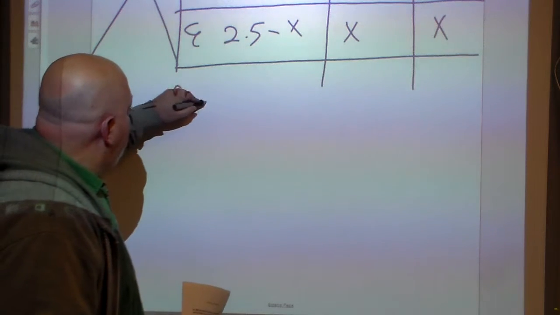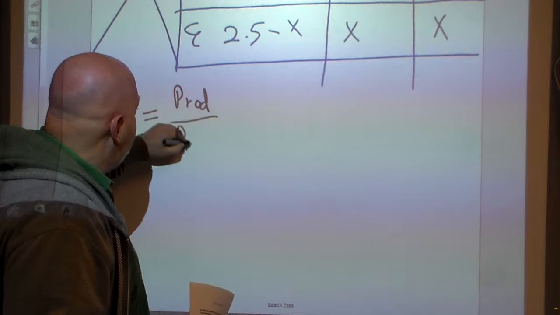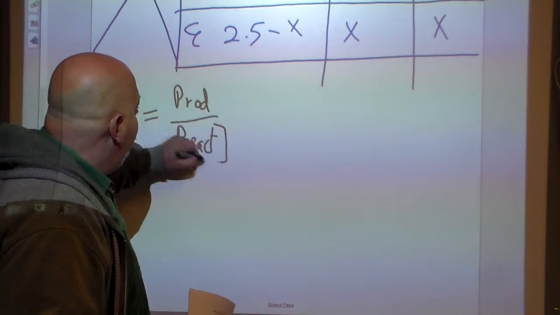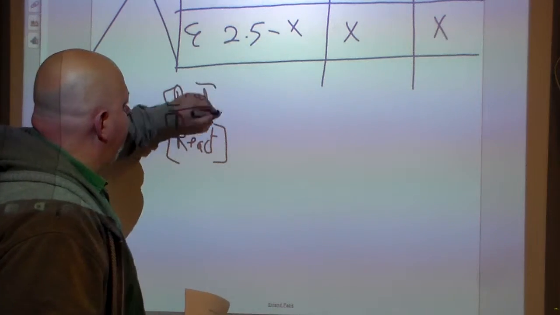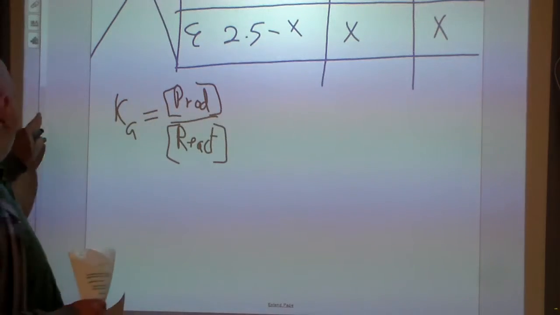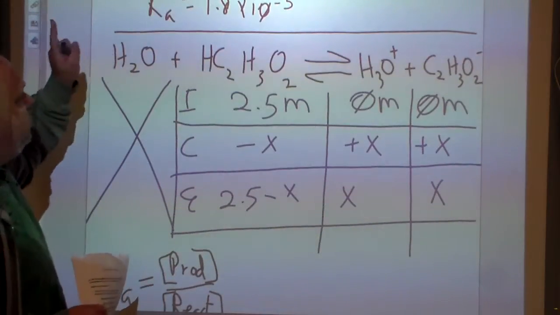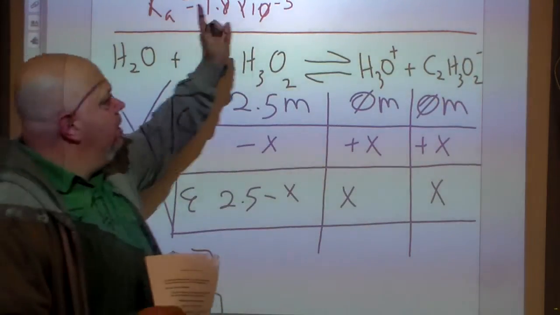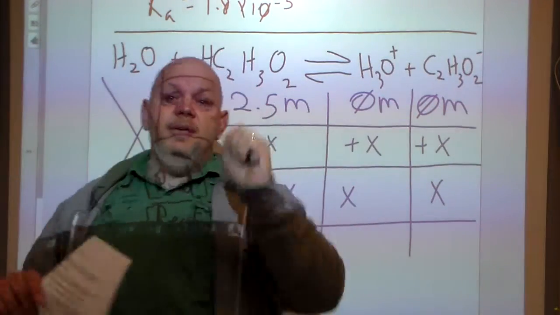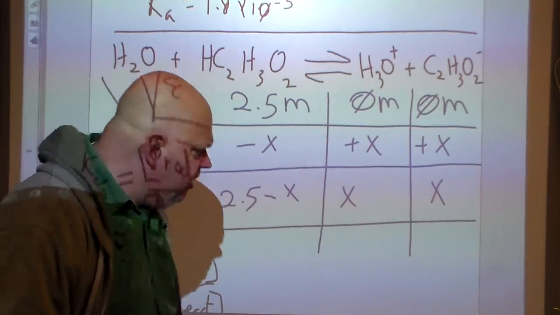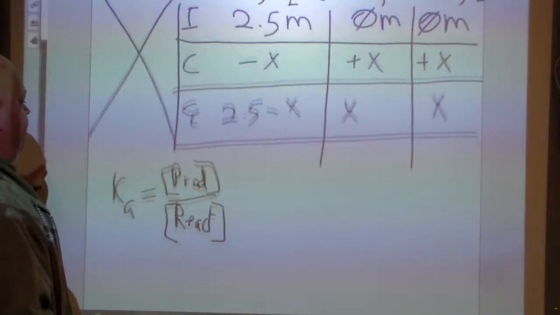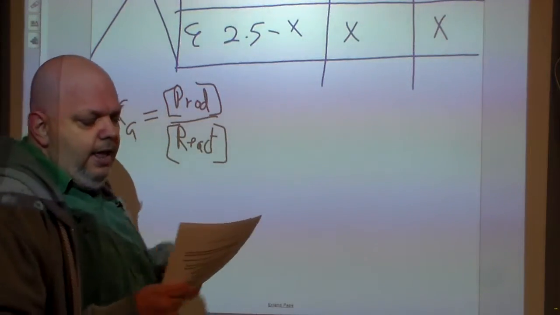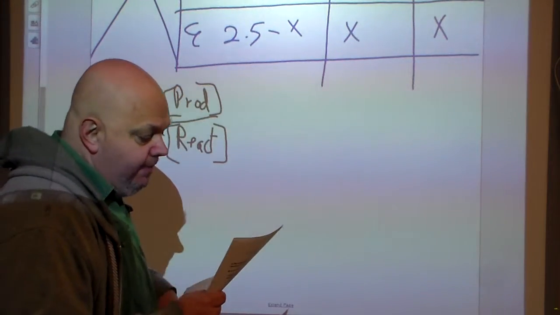Remember, it's the products over the reactants, and it's the concentrations. Everything in the original equation is 1 to 1 to 1 to 1, which makes it easier because we don't have to square anything. So let's plug in some numbers.